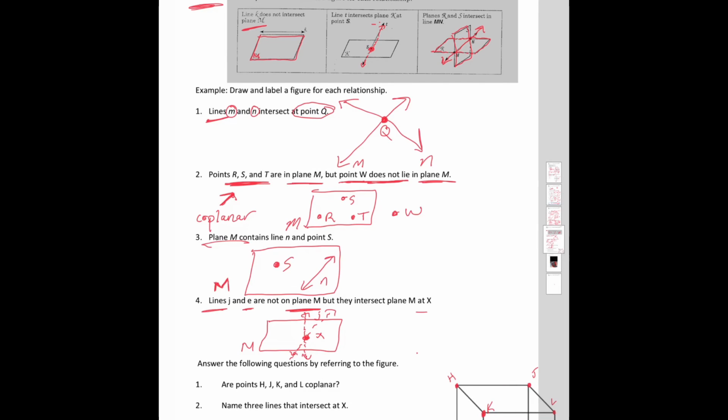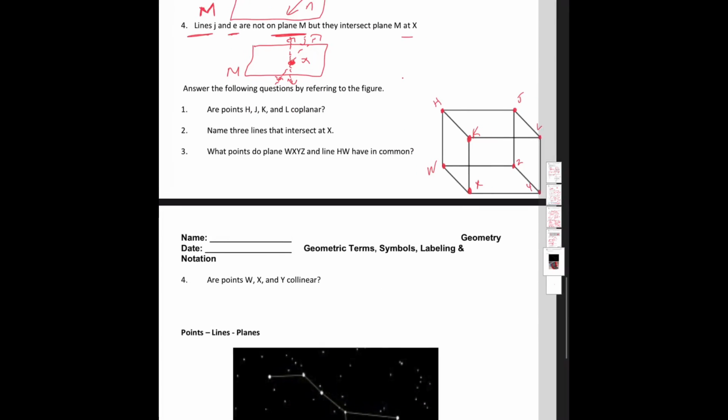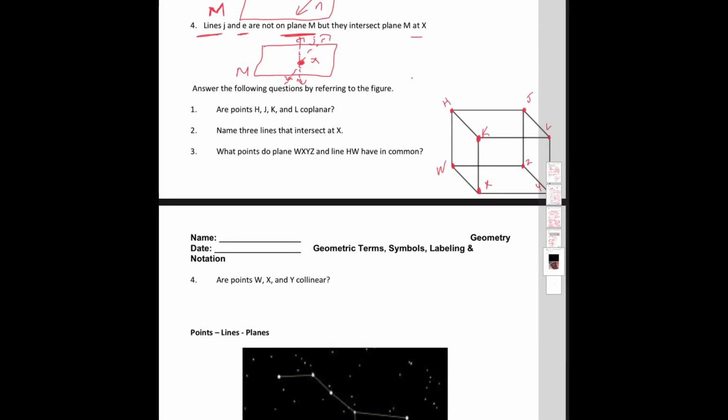So if we continue on to our last part, we have a picture of a cube here. It looks like a rectangular prism. And then it asks a few questions. It says, are points H, J, K, and L coplanar?